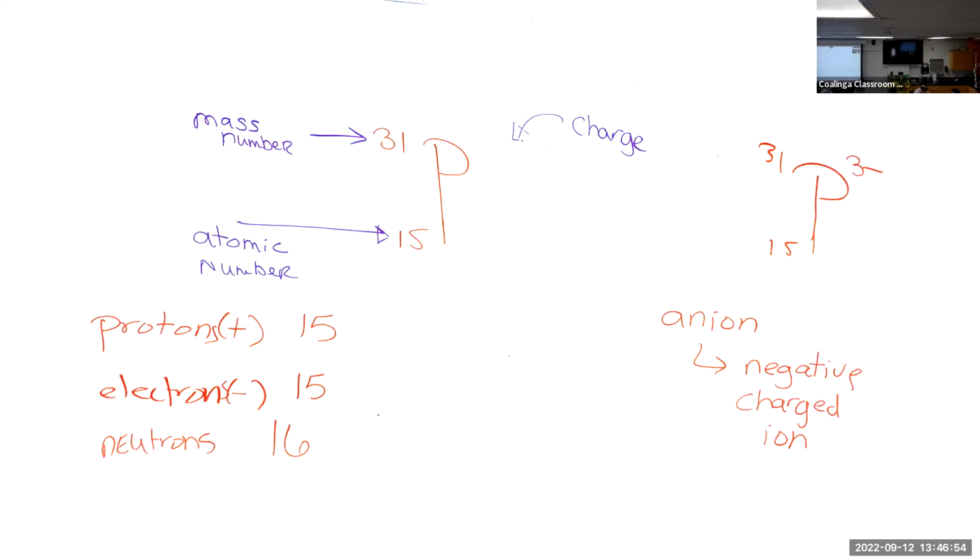How many protons do we have here? 15. I'm going to put a P plus for protons. How many electrons? 18. Minus, there's 18. And then neutrons, 16, with n0 as my symbol for neutrons. Piece of cake, not too hard.